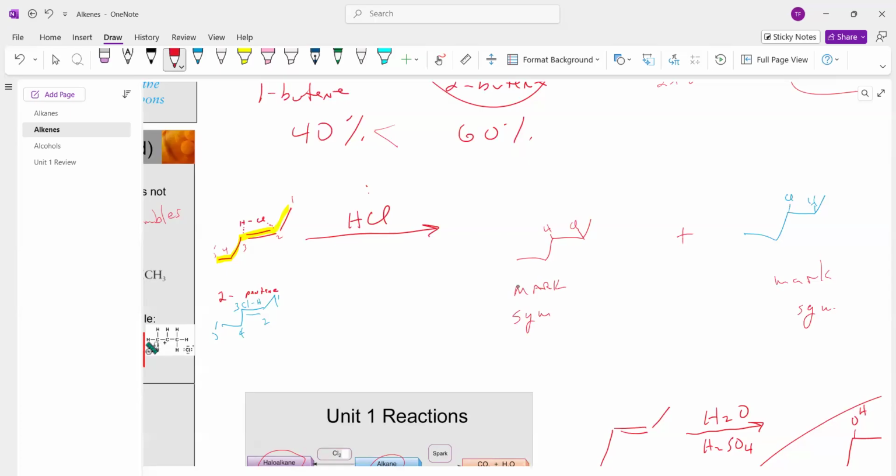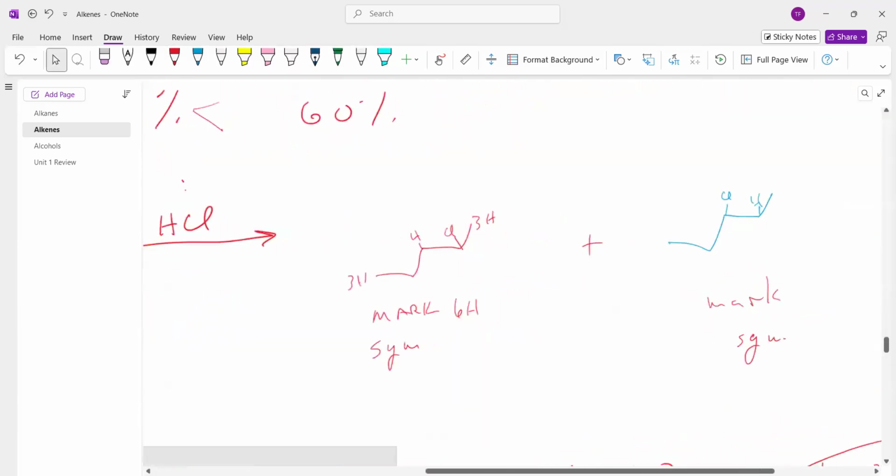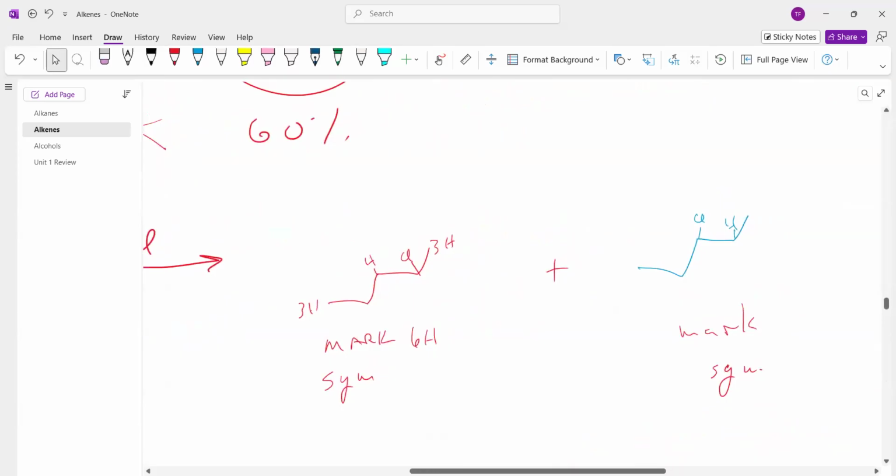All right, let's do Markovnikov first. So we've got 3 H's, 3 H's. We have no branches. So that's going to be 6 hydrogens. So it's clear what's going on.